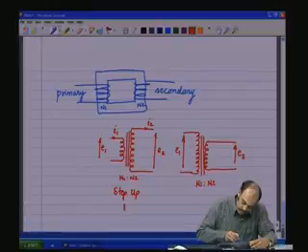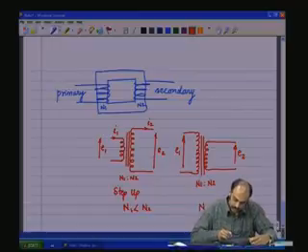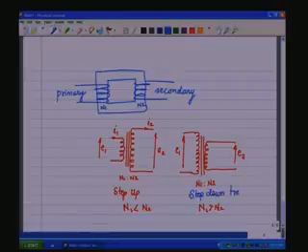Here you have N1 less than N2, and here you have N1 greater than N2. So, E2, the secondary voltage, is less than the primary voltage, and such a transformer is called a step down transformer.